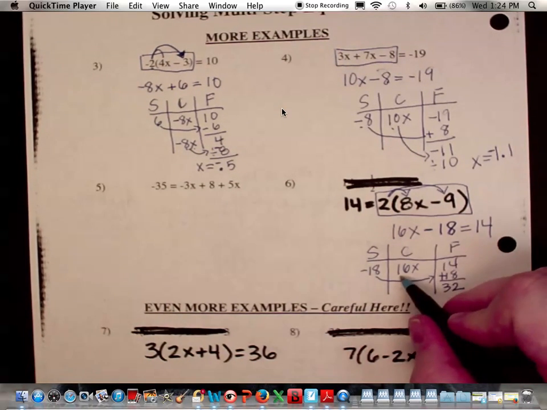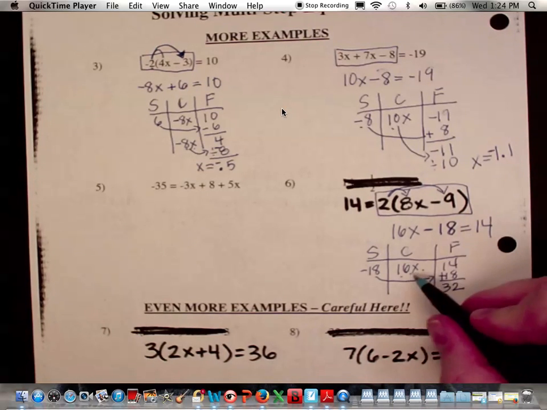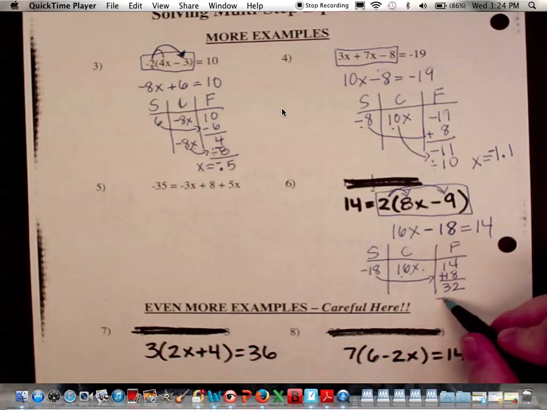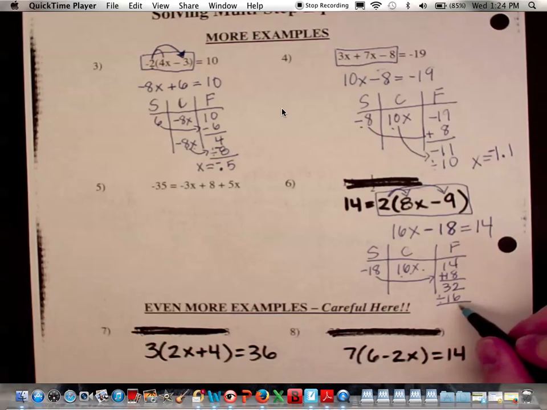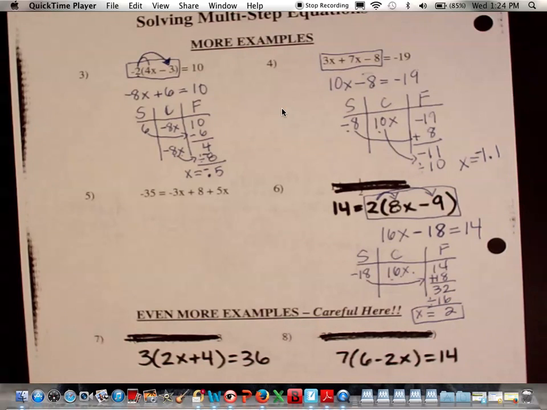This is 16 times x, so the inverse or the opposite of times is going to be divide. So I'm going to find out x is going to be 2. So there's my answer. Okay, so my answer is done completely. So now I'm good. Alright, so that's how you do it.